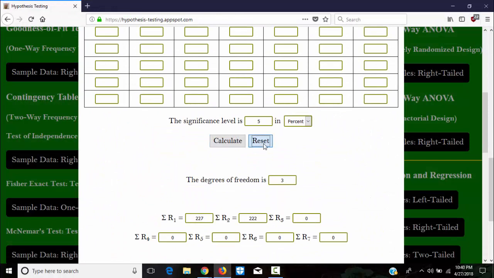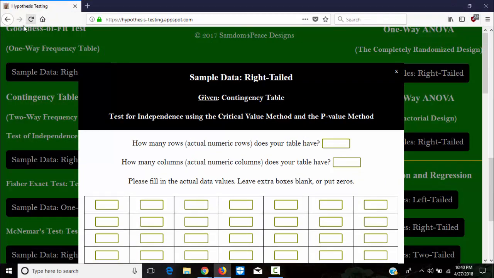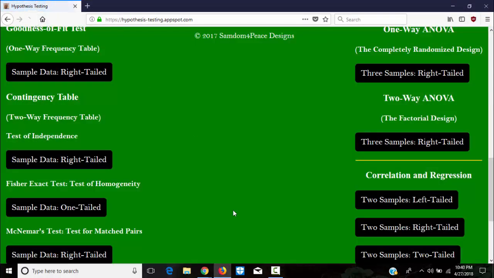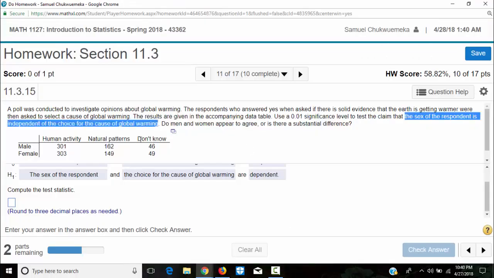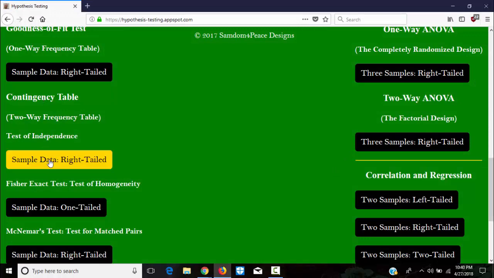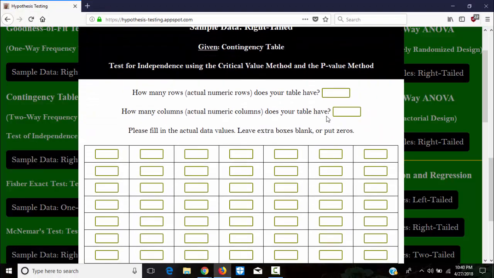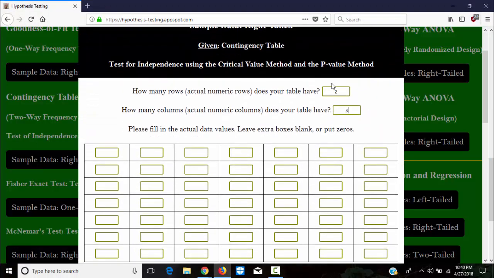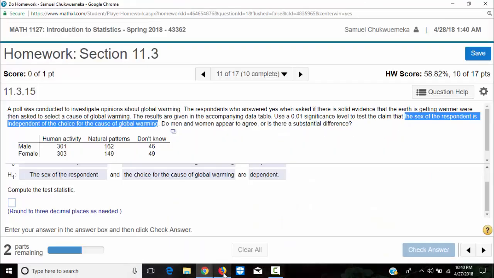Here we reset and refresh. We have a 2 by 3 table, 2 rows and 3 columns. The first row is 301, 162, 46.